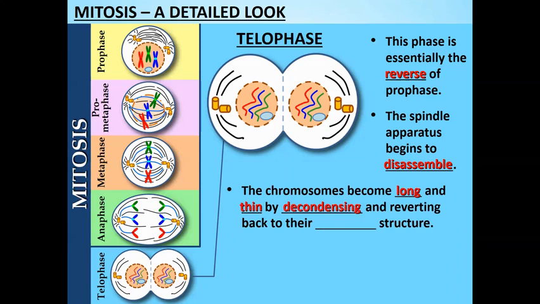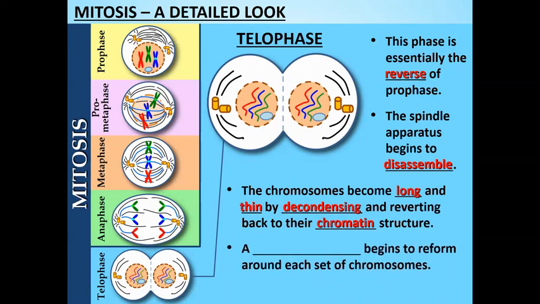And thin, and they're decondensing and reverting back to their original structure. And then also look what has occurred. That nuclear membrane begins to reform around those chromosomes. So it's almost like at this point, it starts to revert to what we had seen at the very beginning, but it's made 2 daughter cells.